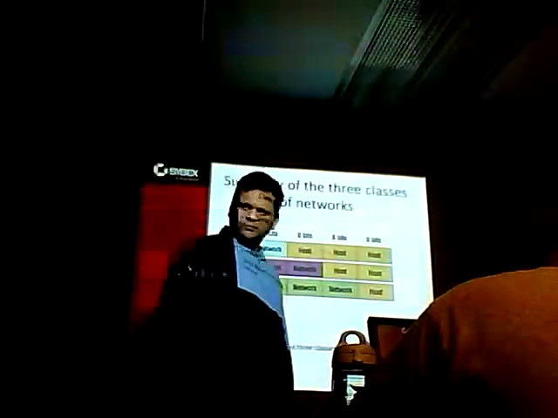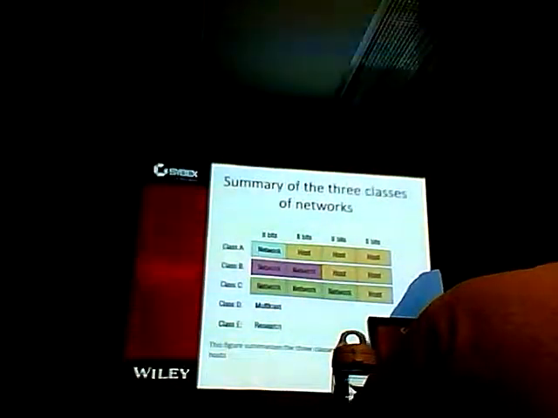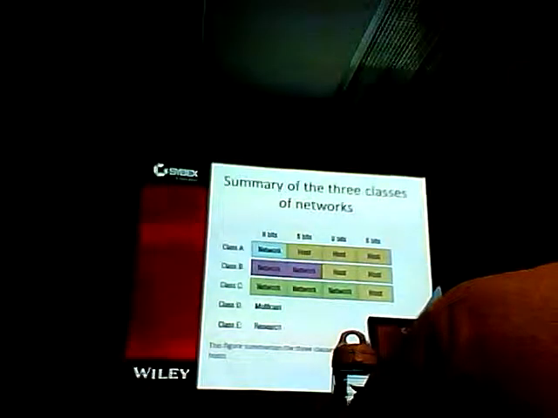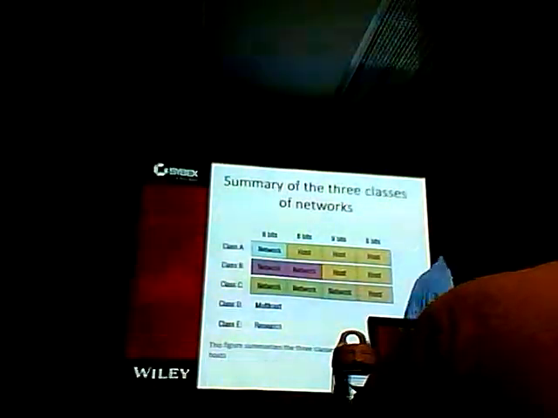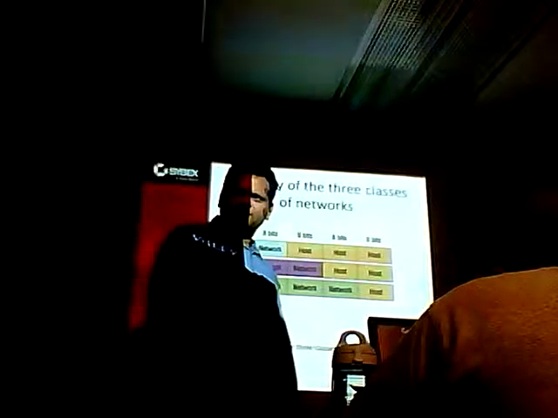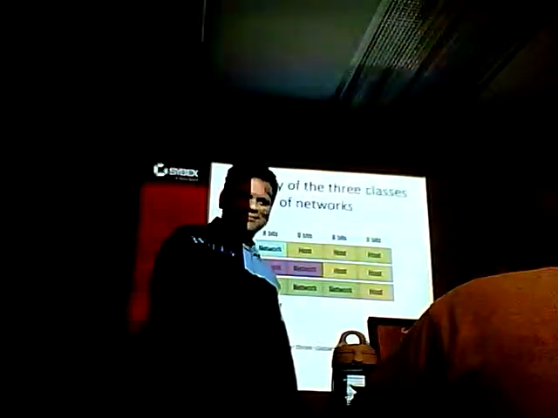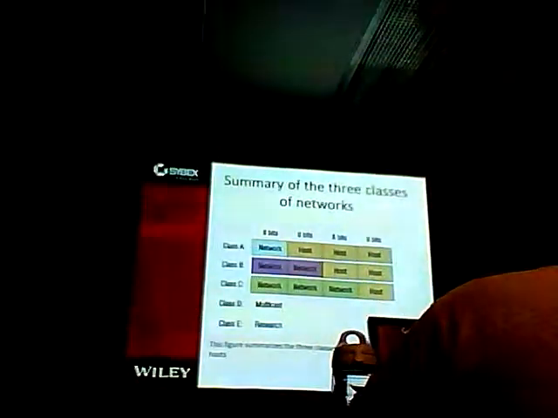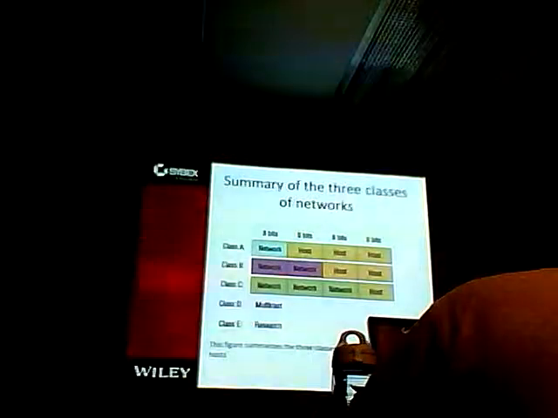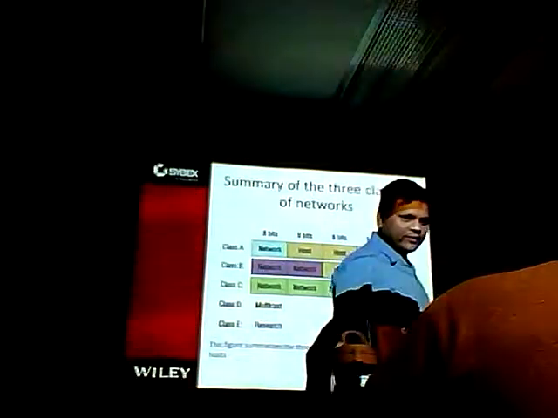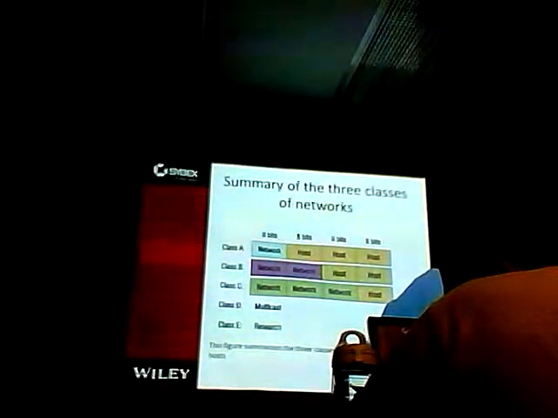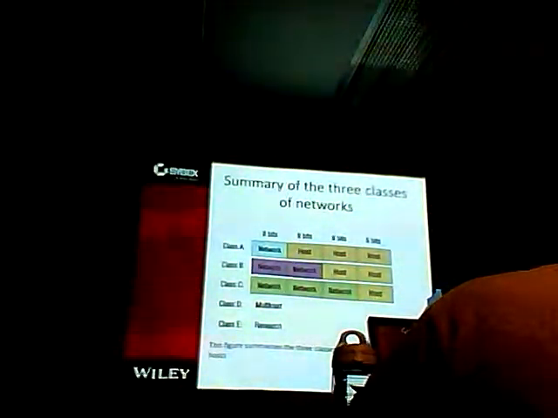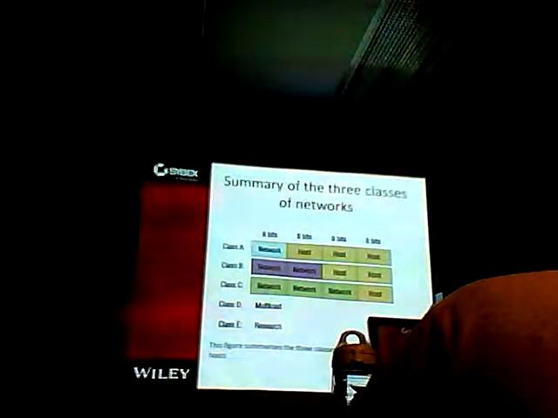What is class C? 192 up to 223. Class D, sorry, goes up to 239.255.255.255.